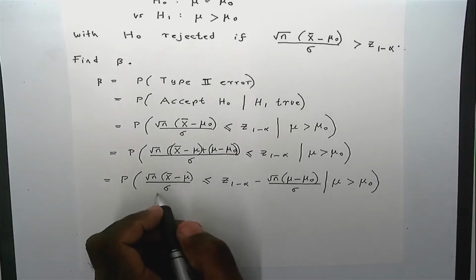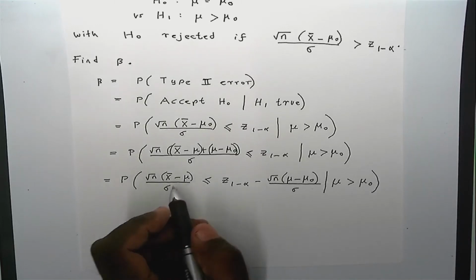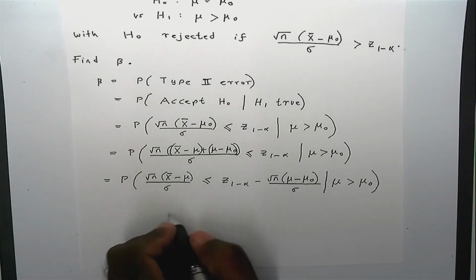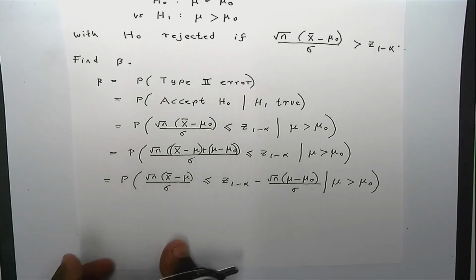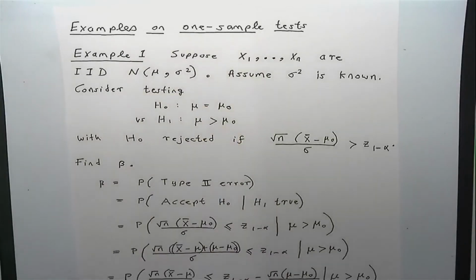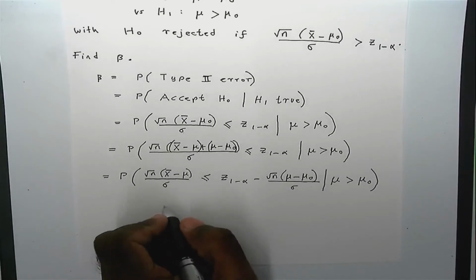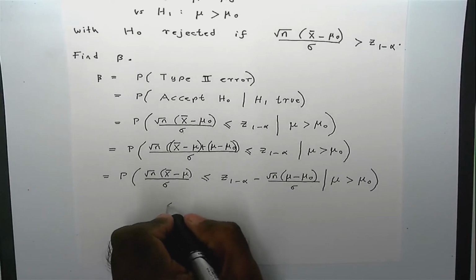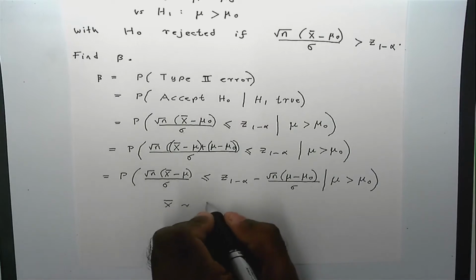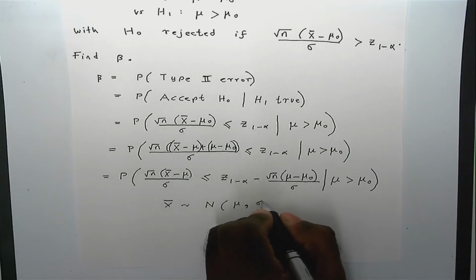Now, I don't know whether you remember from the video I did on the normal distribution, one of the properties I gave you is the following: if you have a random sample from a normal population, then X bar also has the normal distribution with these parameters.